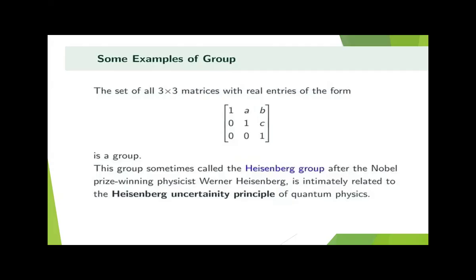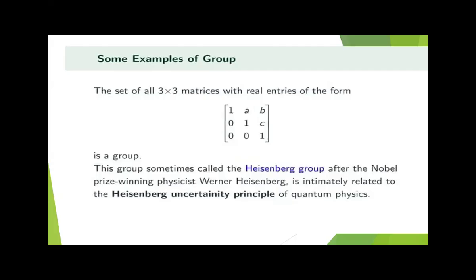The identity element of this group is zero, and the inverse of an element x is its negative, minus x. The next one is the set of all positive real numbers, excluding zero, under multiplication. The identity element of this group is 1, and the inverse of an element x is written in reciprocal form, 1 by x.